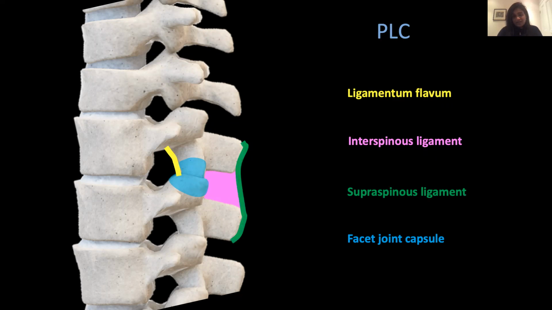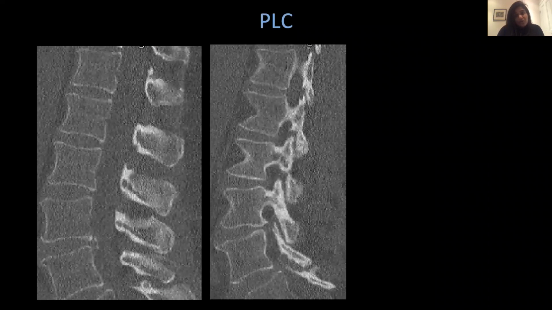And these ligaments are strong ligaments. The supraspinous ligament is a strong cord-like ligament which connects the tips of the spinous processes from C7. Remember that above this, it will be the nuchal ligament. And so you can't see these structures on CT, but you can infer their presence by their location, and you can certainly infer disruption by a number of findings, which I'm going to discuss.